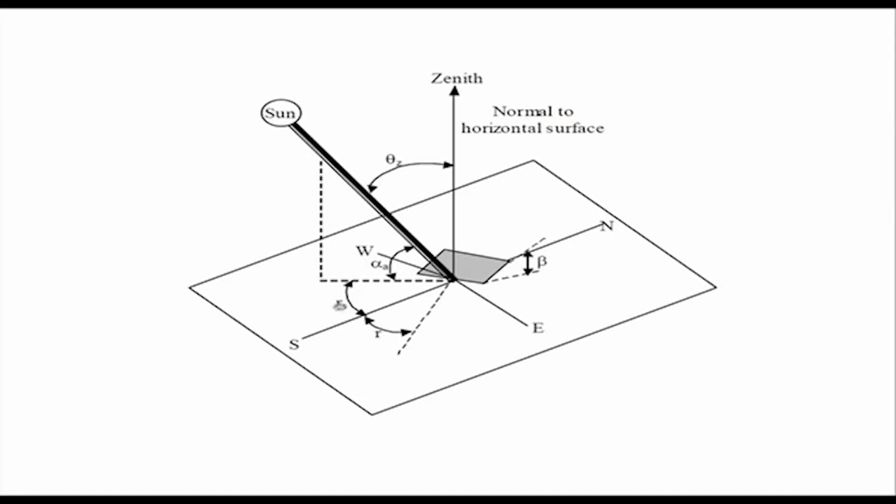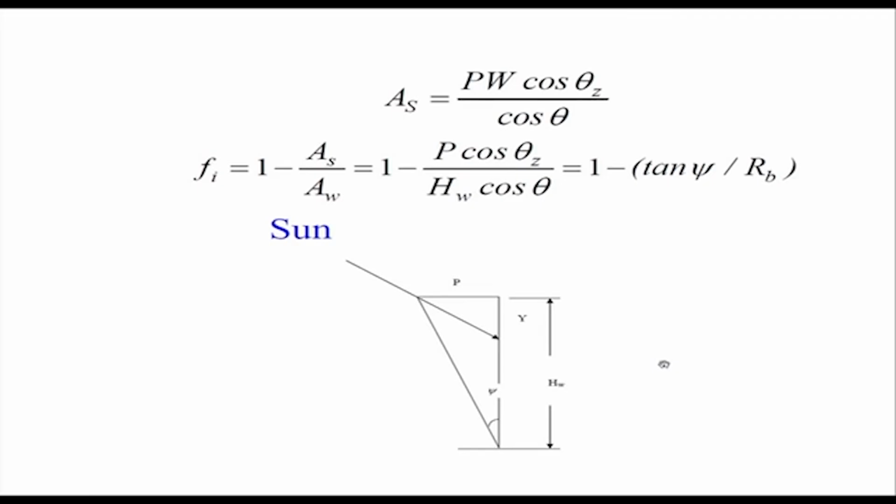So, F_i instantaneous, with simple geometry using the previous relation for y, is F_i equal to 1 minus tan psi by R_b, where psi is the angle of the plane joining the edge of the overhang to the base of the window.